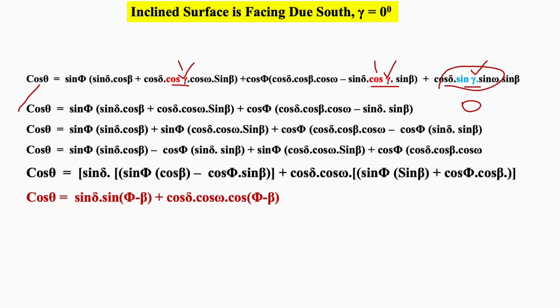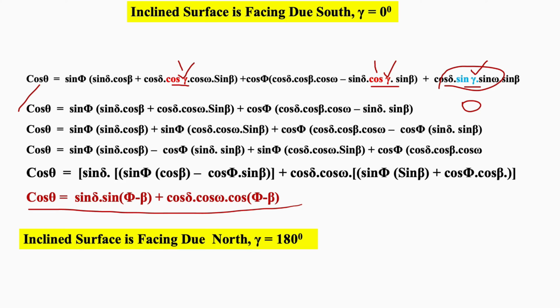by further simplification, finally we have this equation: if the surface is inclined and facing due south, then cos theta is nothing but sin delta sin of phi minus beta plus cos delta cos gamma cos of phi minus beta. Another case is when the surface is inclined but facing due north, meaning just opposite, you have turned the face of the surface by 180 degrees, whether you are in the northern hemisphere or the southern hemisphere.